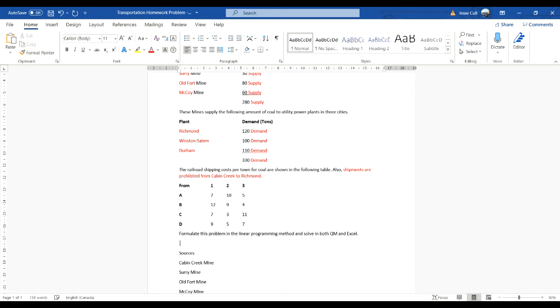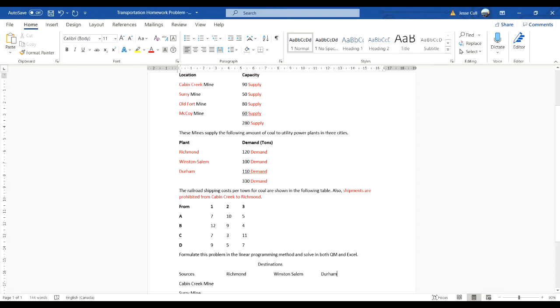From our sources, we also have destinations. And here we see destination 1 is Richmond. Destination 2 is Winston-Salem. And destination 3 is Durham.